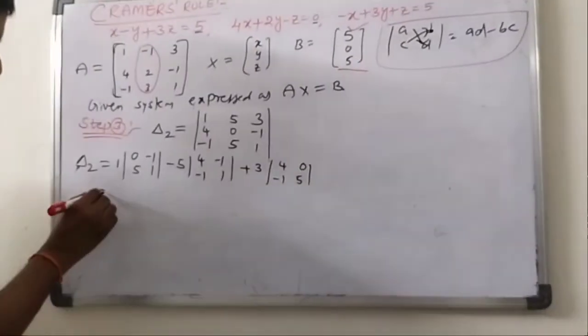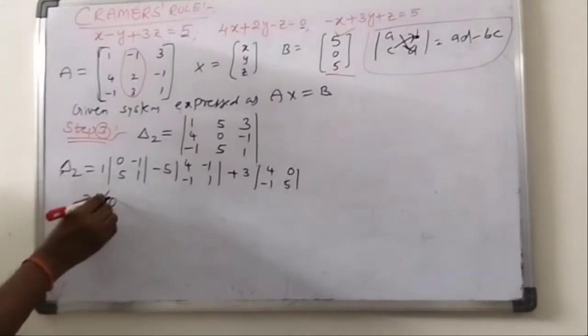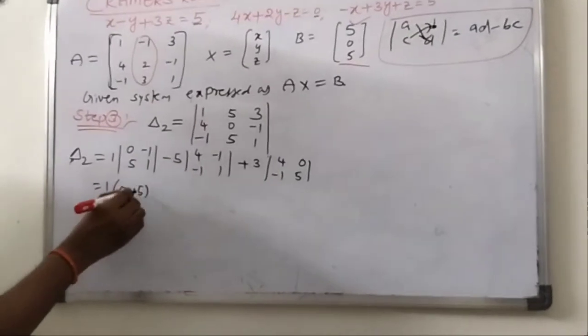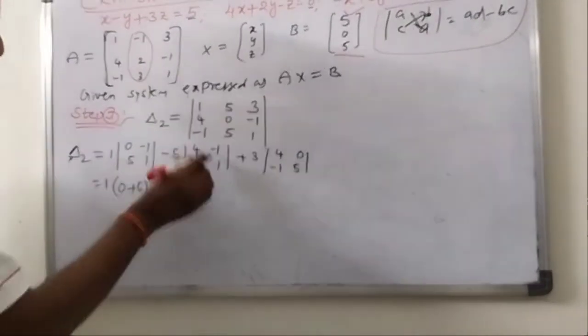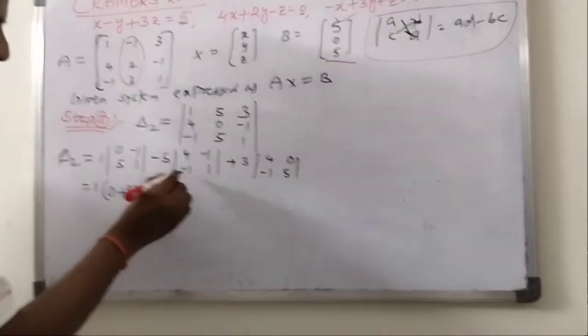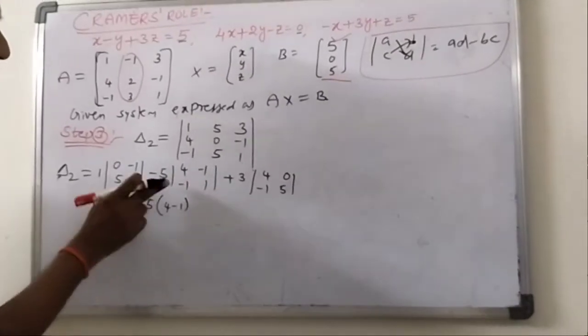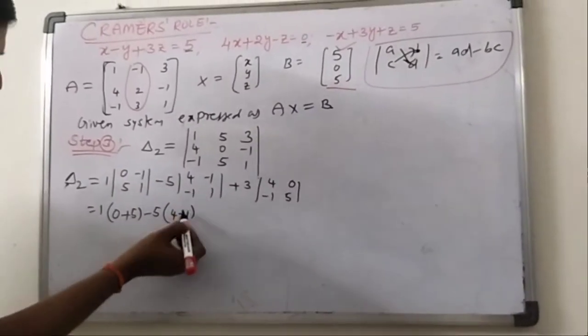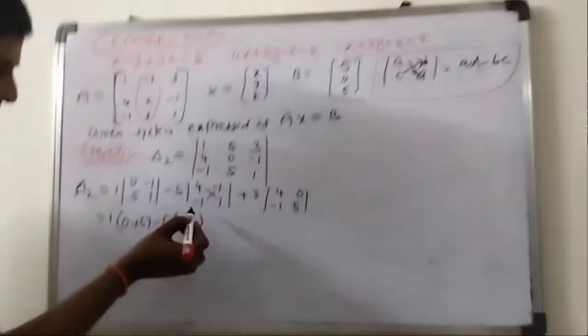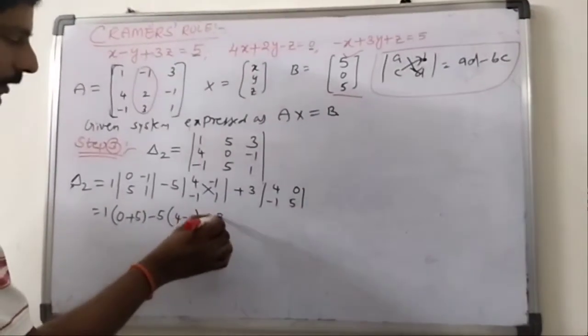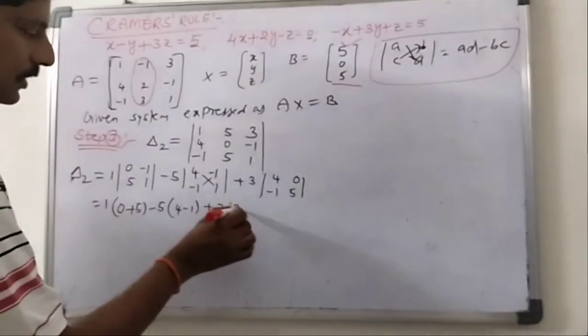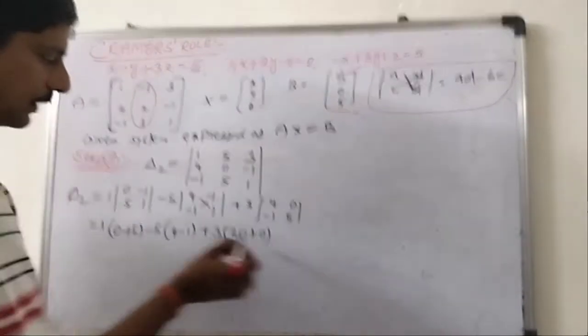Okay students, now 1 of 0 minus of minus plus 5, minus 5 of 4 ones are 4, minus into minus is plus, because in the formula we get only minus, so here minus into minus is plus. Okay, 4 minus 1, that is plus 3 of 4 fives are 20, minus into minus is plus 0.